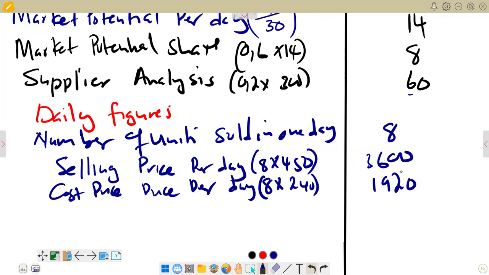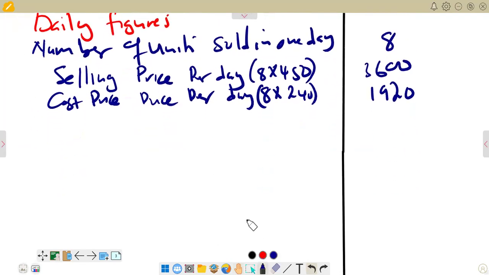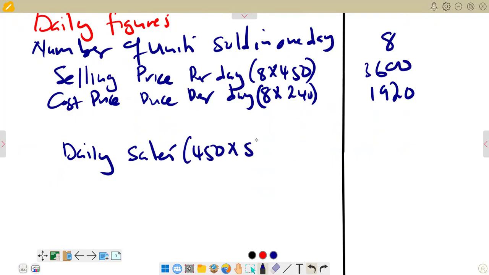Now we can calculate the gross profit per day. Remember, our question needs us to calculate gross profit per day and gross profit per month. For gross profit per day, the daily sales is 450 times 8, which is 3,600.